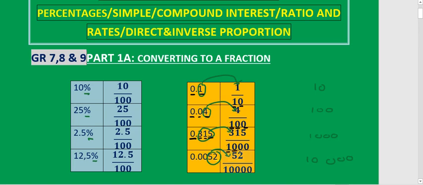Finally, the last number has 5 digits, 1, 2, 3, 4, 5. So we need to use 10,000 in the denominator, because 10,000 also has 5 digits. So that's basically how you would convert to a fraction.